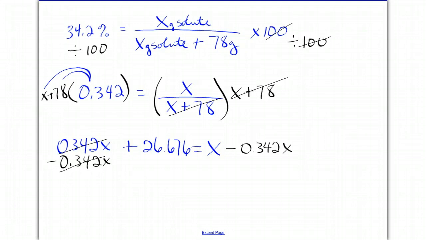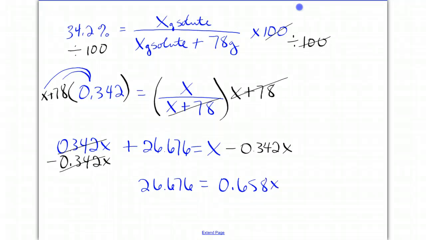Here, my x's cancel, and I'm left with 26.676 equals, remember that this is 1 minus 0.342, which is going to give us 0.658x. And then the last step is simply to divide both sides by 0.658 in order to get our answer, which is 40.54.